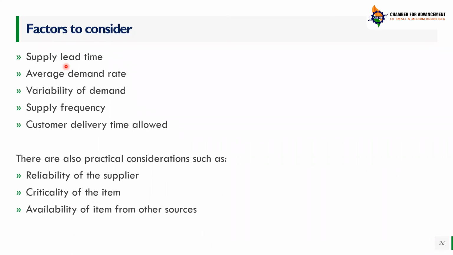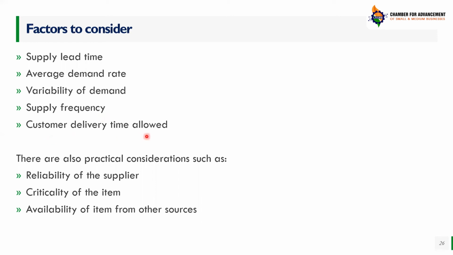Then average demand rate for your finished goods in the market, variability of the demand. So there can be seasonal variations because of the summer, winter. So beverages will be sold more in summer, or the sweets will be sold more in festival season, etc. So there is variation in the demand that you need to consider. Supply frequency. What is the frequency for the ordering and for the supply also, that you have to consider.